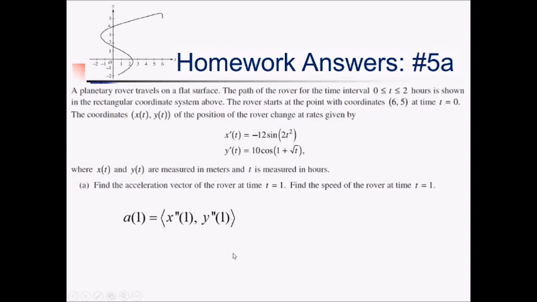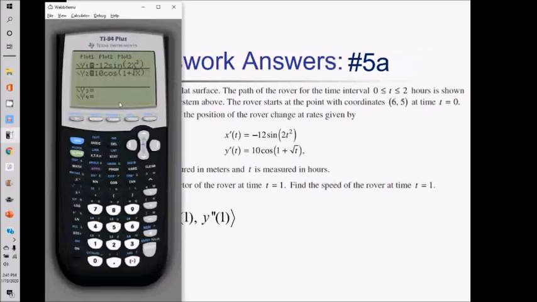We just have to plug it in our calculator, which I will do now. So the very first thing I'm going to do is plug this x prime and y prime in as y1 and y2 on the calculator, because I've got a feeling I'm going to be using them multiple times in this problem. All right, let's quit out to the main screen now. So on the main screen here, I'm going to take the derivative of x prime at 1.